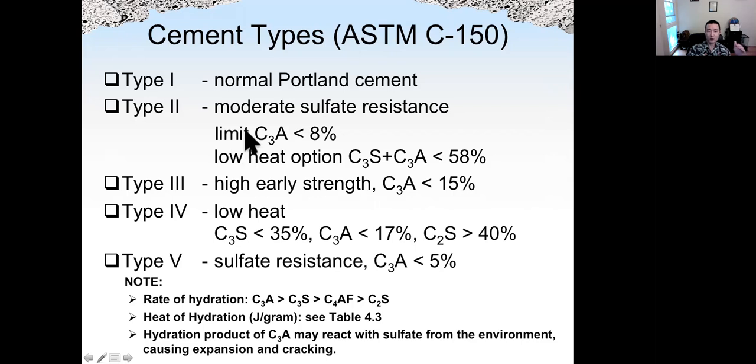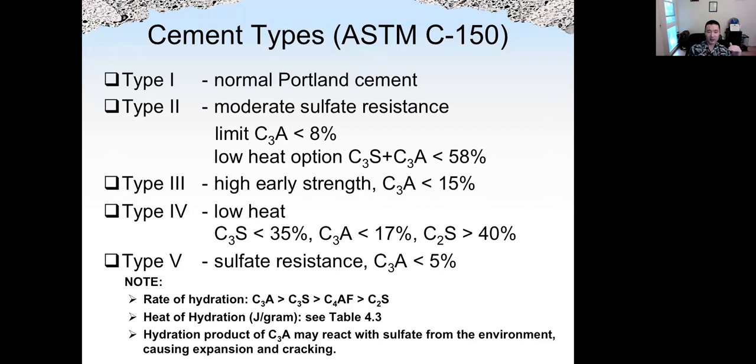We will talk about why we should limit, for example, the percentage of C3A to less than 8% for Type 2 cement, or why limit the amount of C3S and C3A, so we can reduce the heat, reduce the temperature rise in concrete. Okay, these are the general requirements from C150.